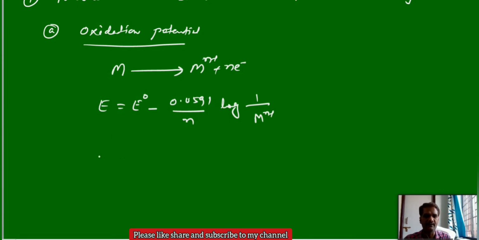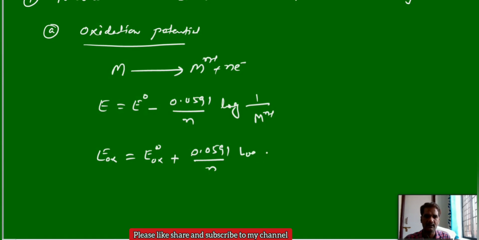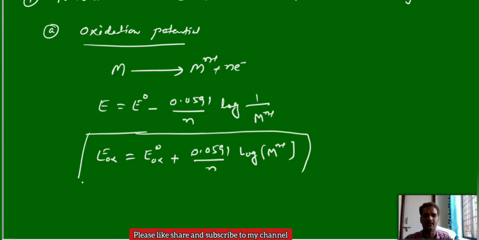And here this E value is called the oxidation potential, which is equal to E naught of that particular electrode oxidation potential at standard condition, and if you bring it outside, minus minus plus, you can write 0.0591 by n log of the concentration of this ion. This is the oxidation potential calculation for a given electrode at any condition.